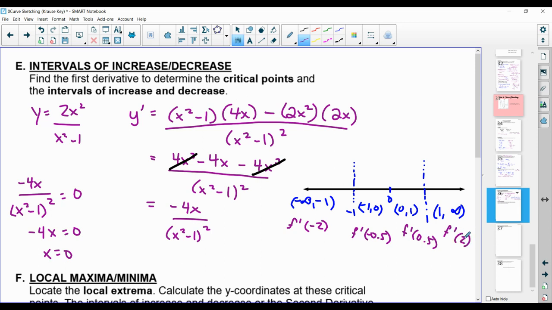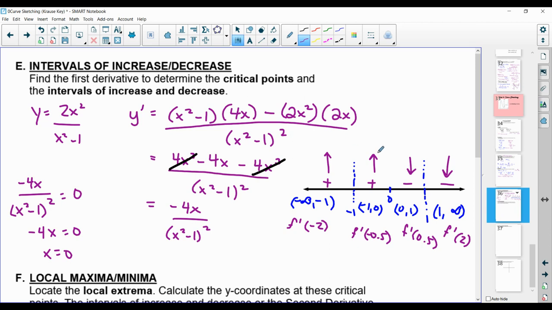Again, we're plugging these into the derivative. So when we plug these in, we're going to find out that this one is positive, meaning it's increasing. This is positive, meaning it's increasing. This is negative, meaning the graph is decreasing. And this is negative, meaning the graph is decreasing.